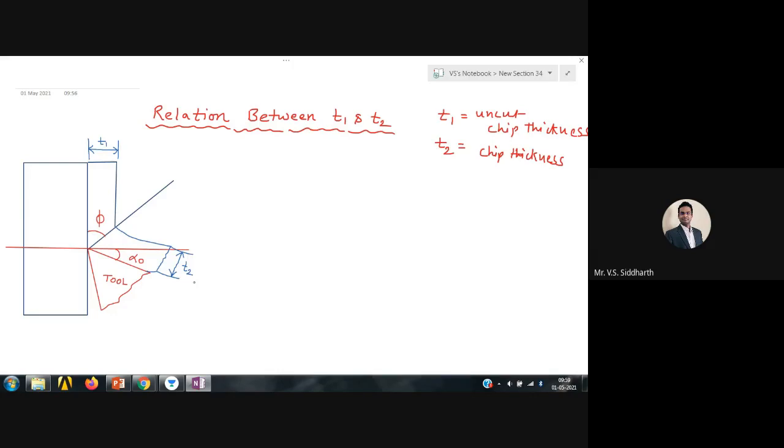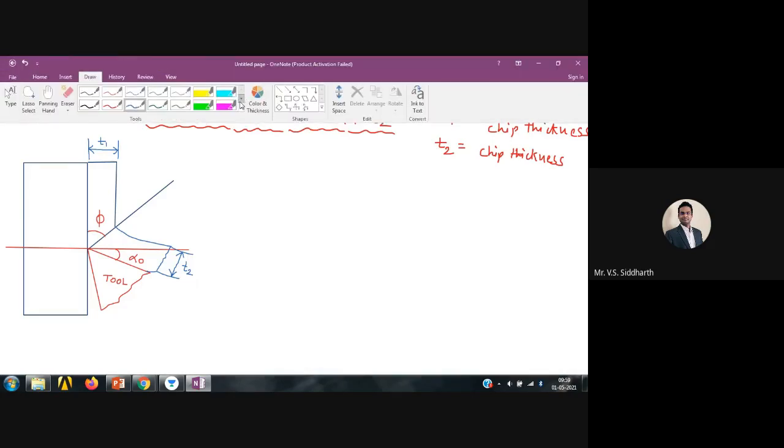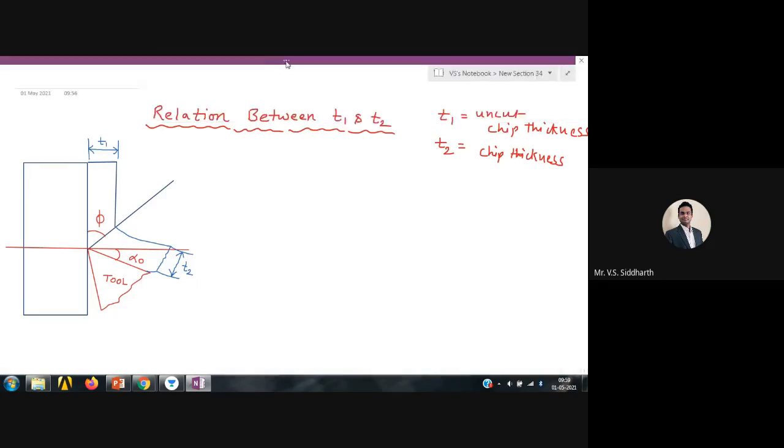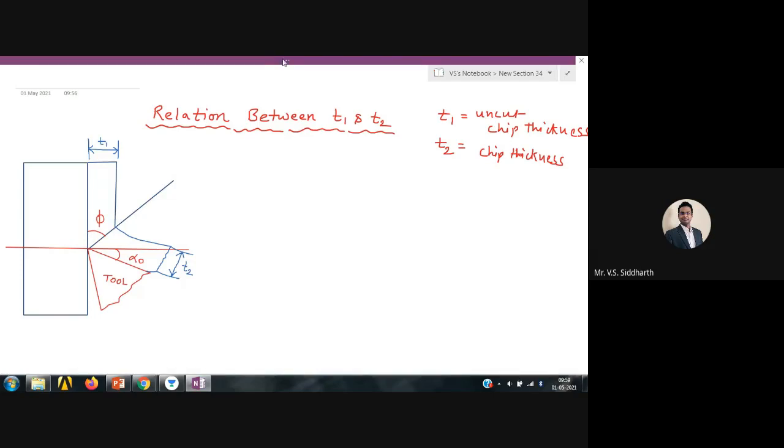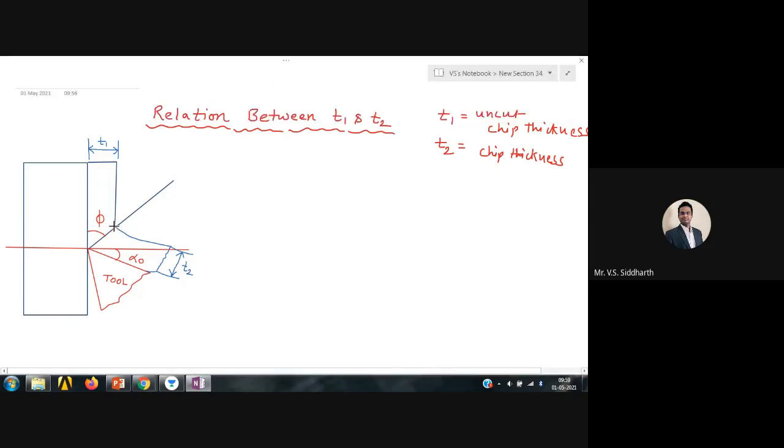I'm doing a small construction here. The construction is dropping two perpendiculars from this point. I'm dropping one perpendicular here and another perpendicular here.